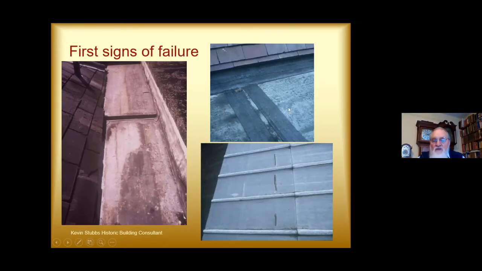It's over long sheet lengths, and what you're getting here is the expansion and contraction of the lead forming a crystalline crack across the lead. So you get this at about 4 foot intervals for overlong sheets, and hence the patching there.